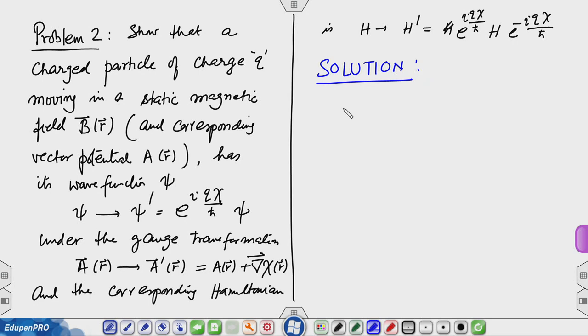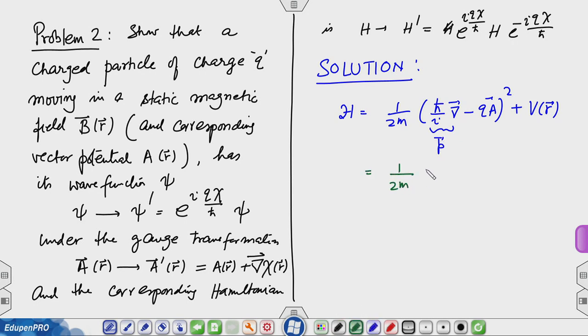So, what you have right now is that the particle is moving in the Hamiltonian H equals 1 over 2m times (h cross over i grad, and since this is q, minus q A) whole square plus the potential V(r). I am going to write this as P because this is the canonical momentum. So, I can write this also as 1 over 2m (P minus qA) square plus V(r).